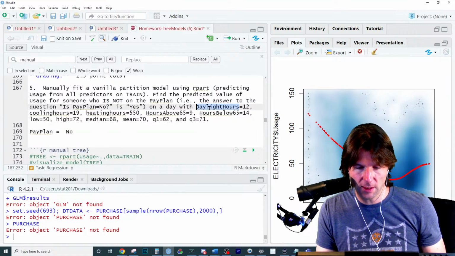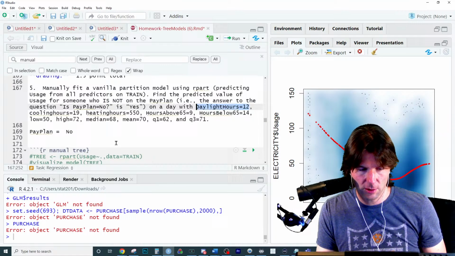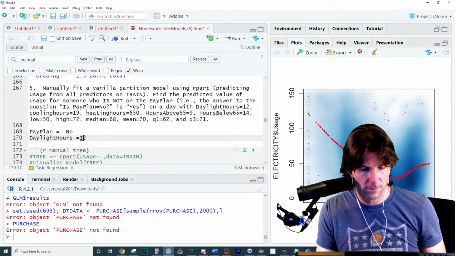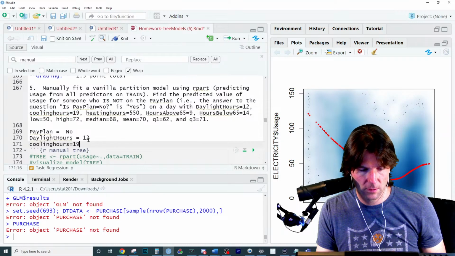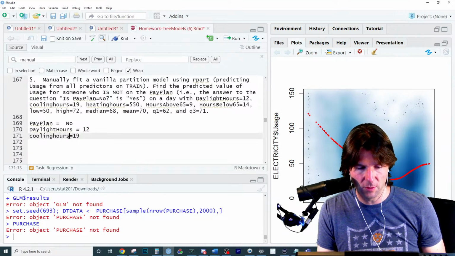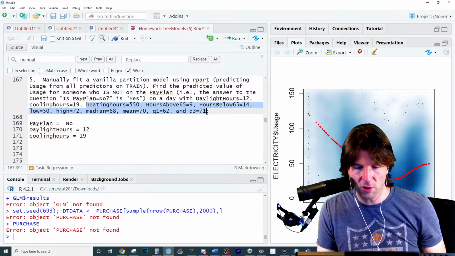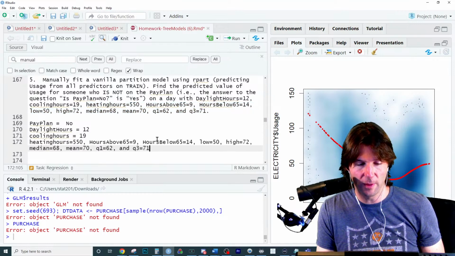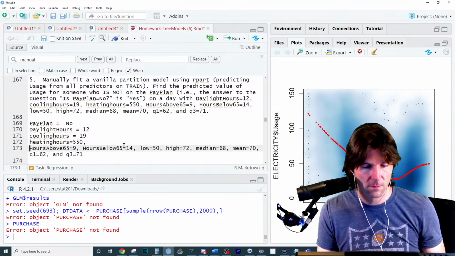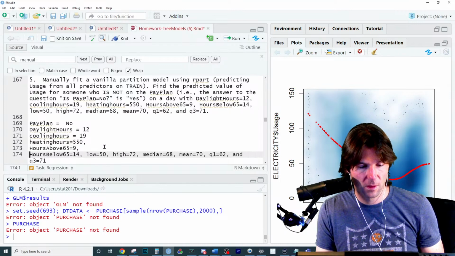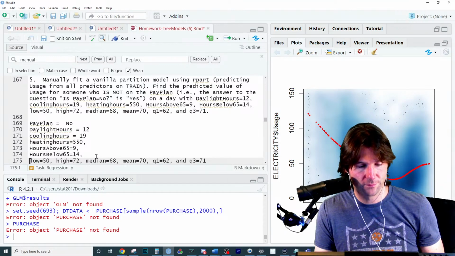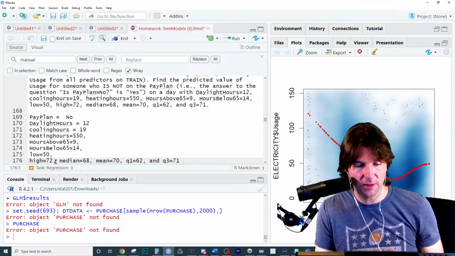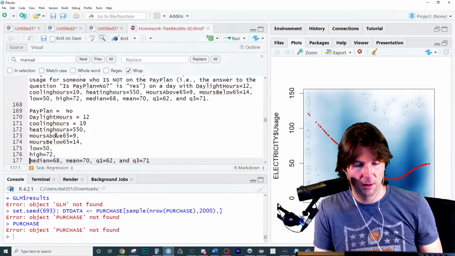On a day with daylight savings hours, and cooling hours, heating hour. So these are just all your variables. You may not use all of these.